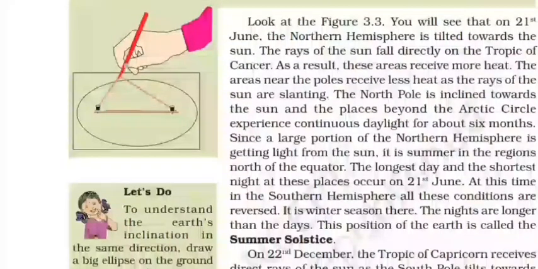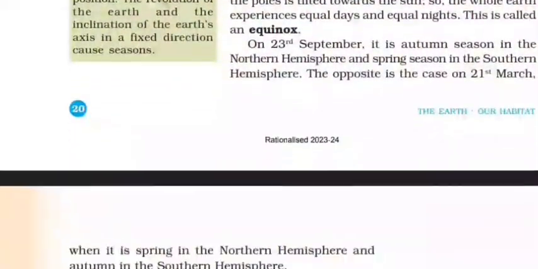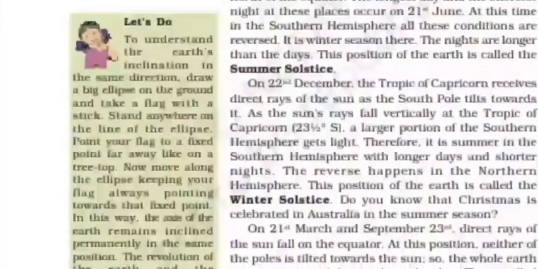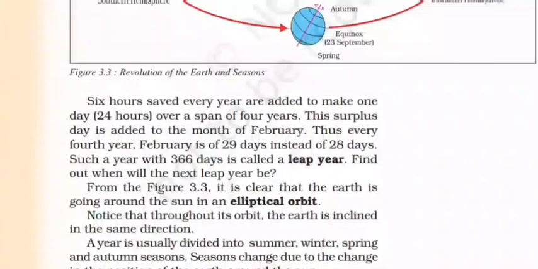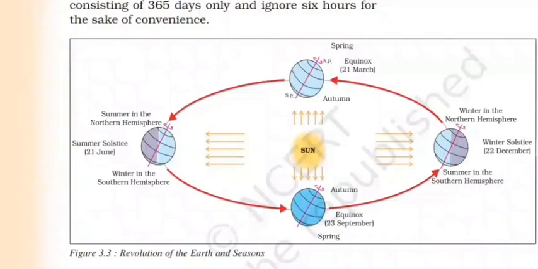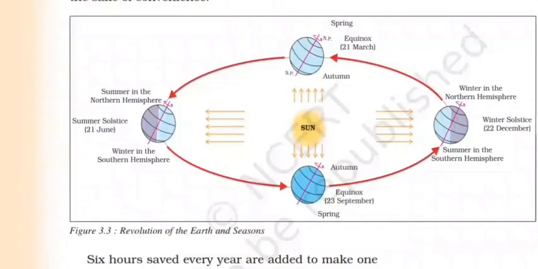So look at figure 3.3. They are asking us to look at figure 3.3, which is basically over here, if you could see. You may notice there are different positions of the earth around the sun.